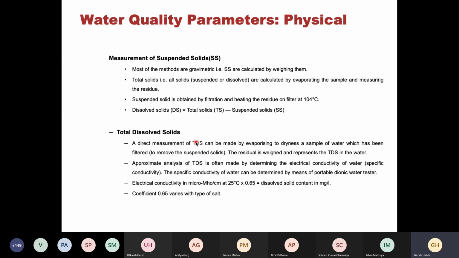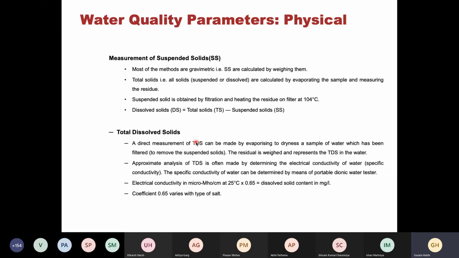So generally a temperature of about 104 degrees centigrade is used to evaporate the dissolved solid. Okay, so if we want to know the total solid, we can heat this filter at a temperature lower than 104 degrees centigrade.